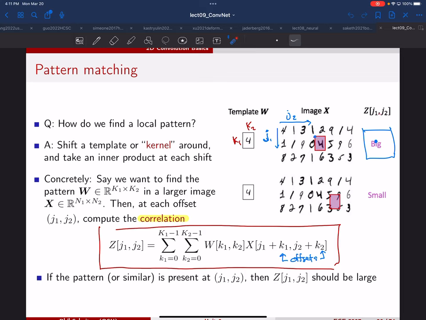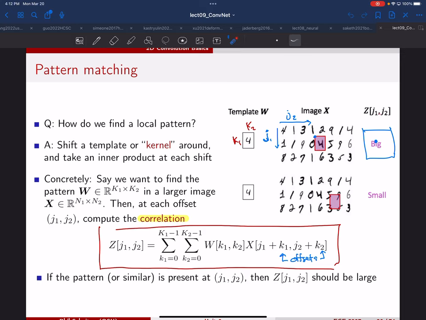And so we compute that output value for that J1, J2 pair, and we assemble a new image that is indexed by these pixel indices J1 and J2, where that inner product between the template and the underlying image would be that pixel in this new image. Is that idea making clear what convolution is doing?